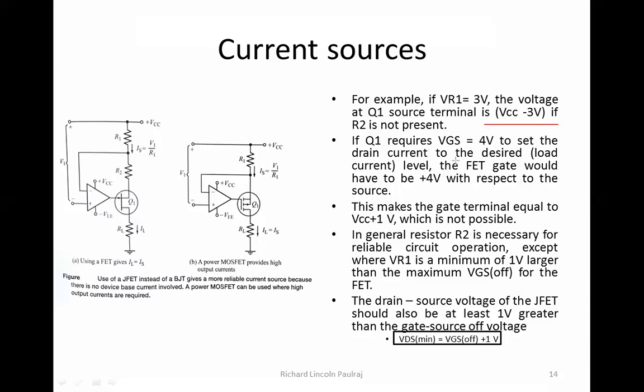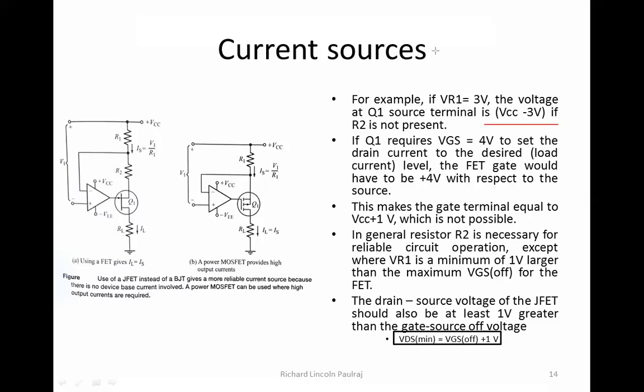So if I want VGS, the voltage between the gate and the source, to be about 4 volts, the desired level, the FET gate would have to be plus 4 volts with respect to the source. So whatever is the source, source plus 4 volts.